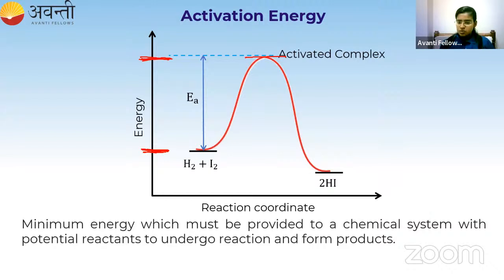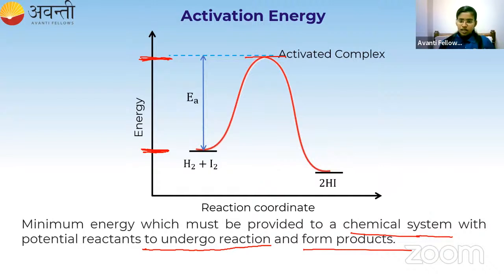The minimum energy which must be provided to a chemical system with potential reactants to undergo the reaction. First of all, the energy is required for the reaction to occur, and then only at last they form the product. Got it? Can you identify the small mistake that you have made?